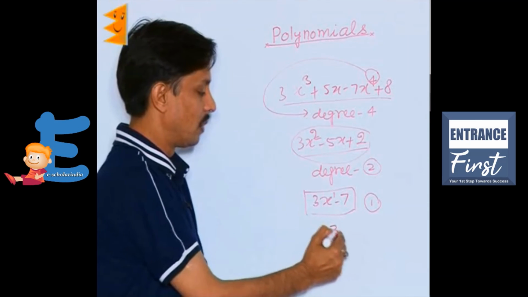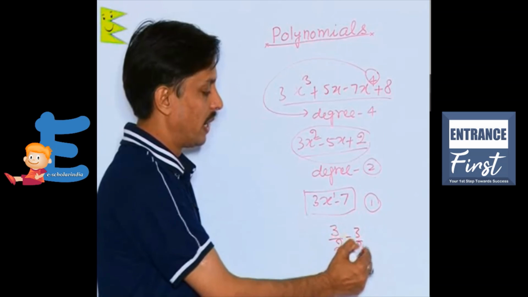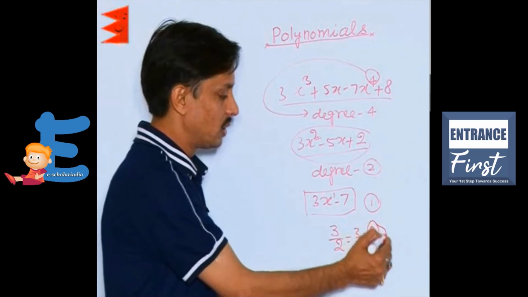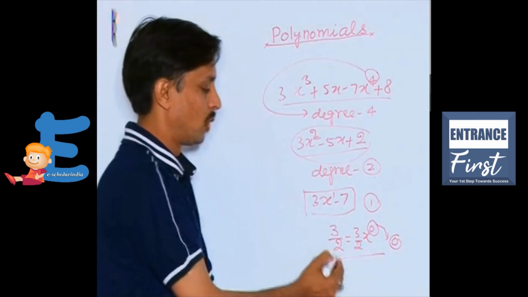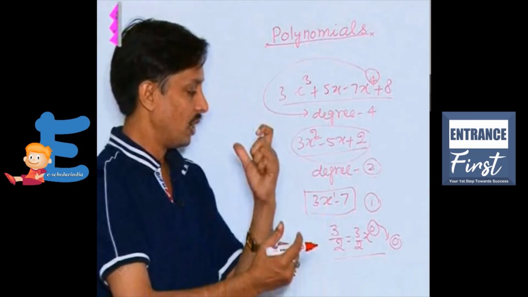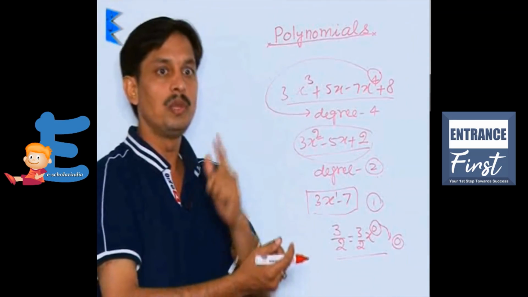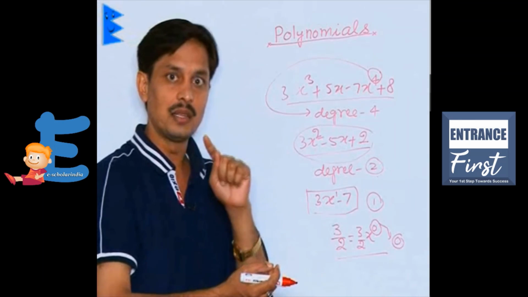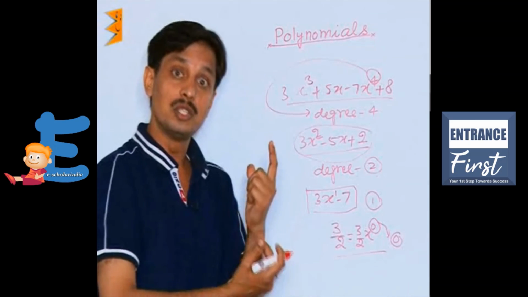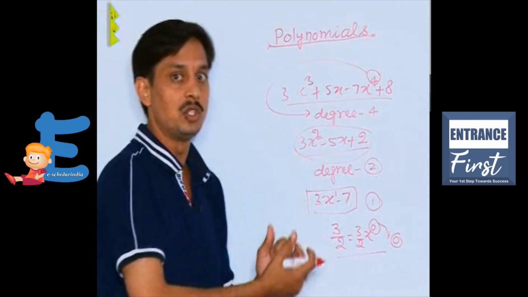If I write any constant number like 3 by 2, I can write it as 3 by 2 into x raised to the power 0. So 0 is the degree of this polynomial. Whatever the highest power in the polynomial is, that is its degree, and the polynomial has an equal number of zeros, that is, an equal number of values of the variable which can make it 0.